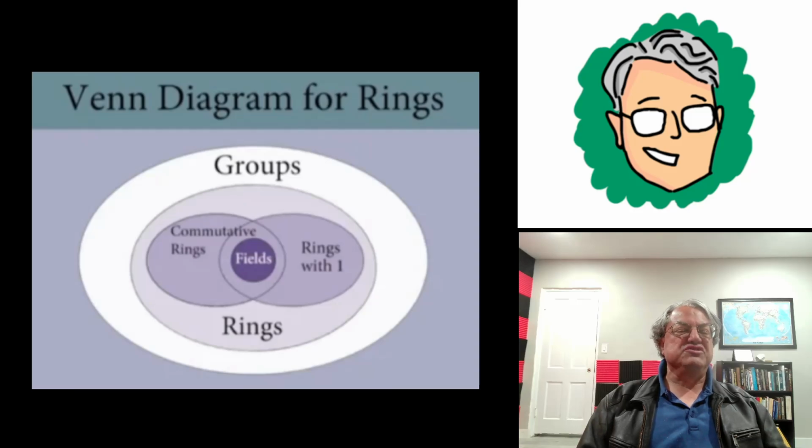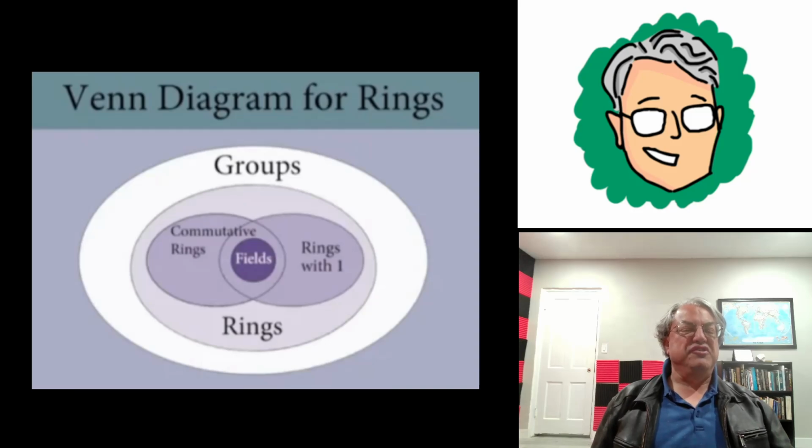Not all groups are abelian, as you probably know. There are groups where the group multiplication is not necessarily commutative. There's a lot of examples of groups like that. You probably all know, like S3. I'm not going to go into that because I'm not going to talk about group theory here.